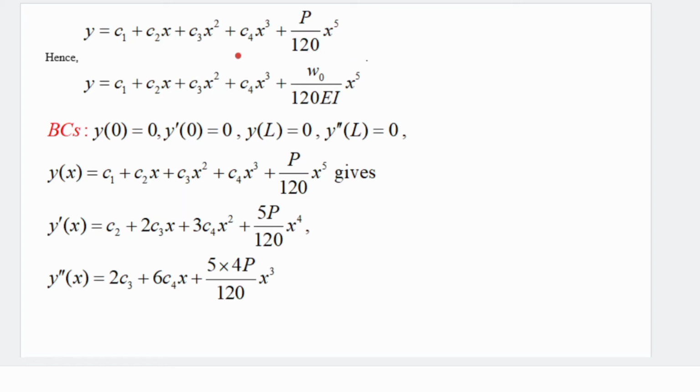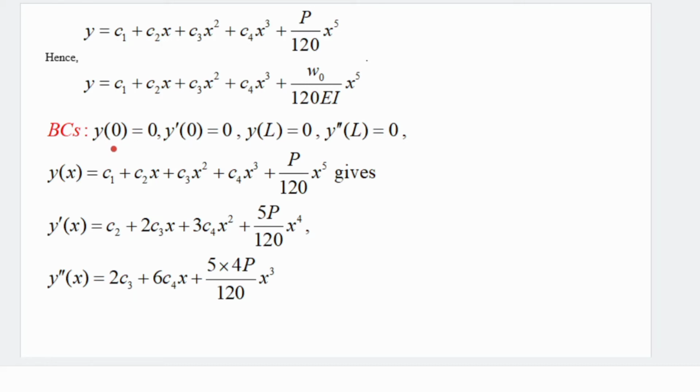For the time being we are not going to put the value for P. If we put the value for P, that means this is our general solution, but we use this equation to get C1, C2, C3, C4. So now we will apply the boundary conditions. So this is our boundary condition. When we apply the first boundary condition, we get y(0) equals 0.